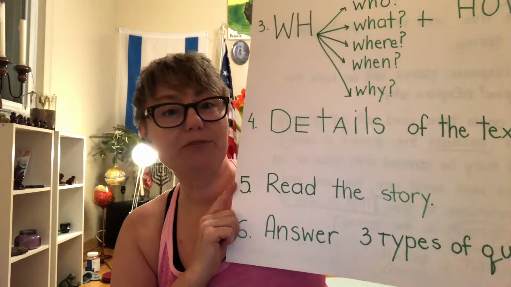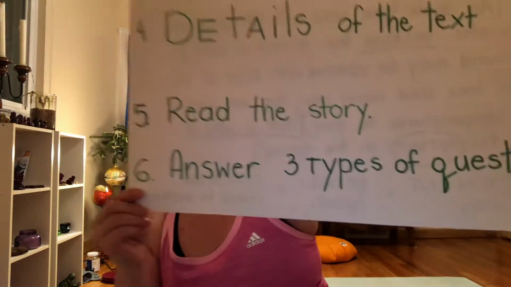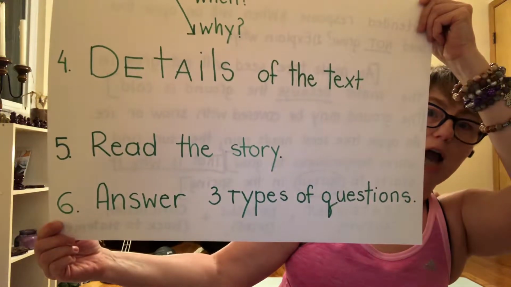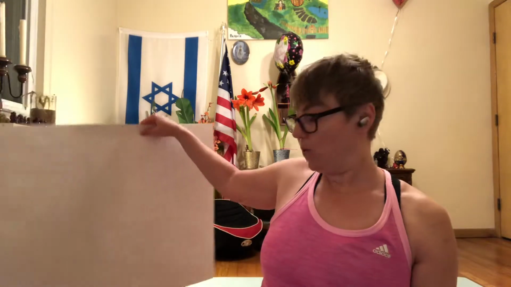After that, we will answer 3 types of questions. How many types of questions will we answer? That's right, 3 types of questions. Wonderful. What I want you to do is to listen to the story that I will read.